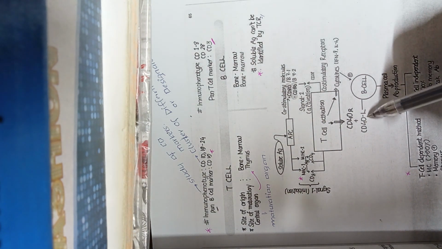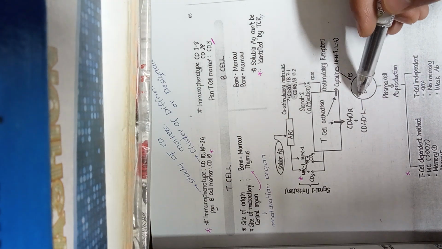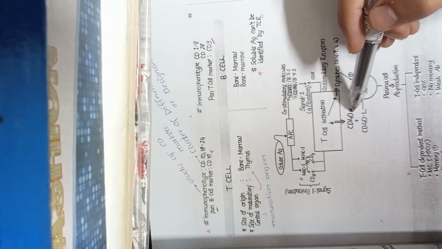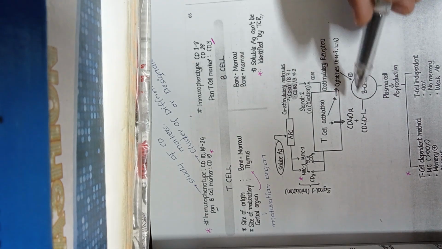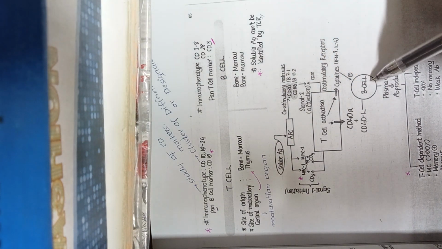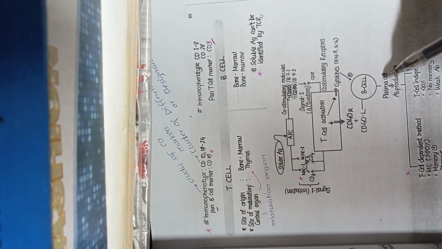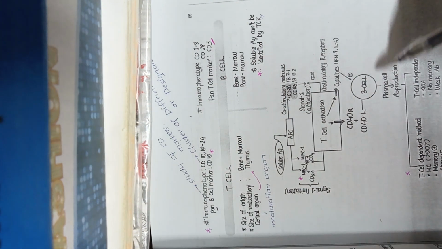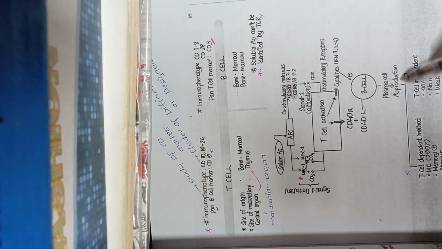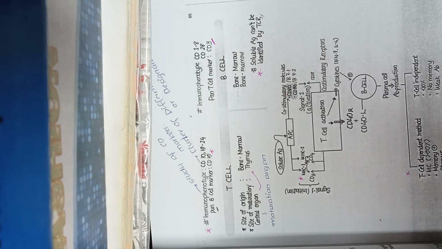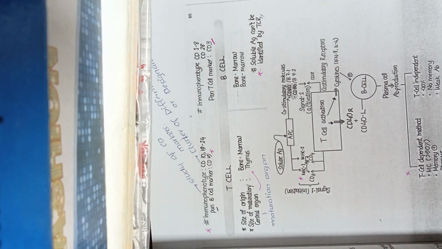Now when it expresses this receptor, it will combine with another receptor of T cell called CD40 receptor, and in this way B cell will be converted into plasma cell, and when plasma cell is formed, it will produce antibodies. Antibodies production by this way. I hope I have made myself clear.